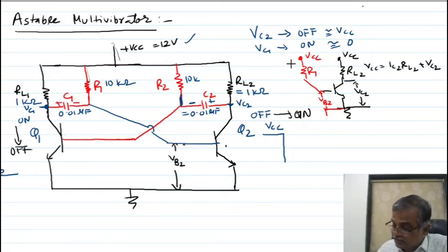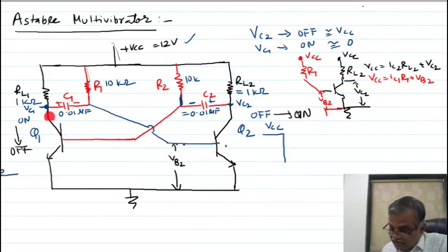So what should I write? VCC is equal to IB R1 plus VB2. Look here, this discharges this way, so VCC is equal to this voltage plus this voltage.